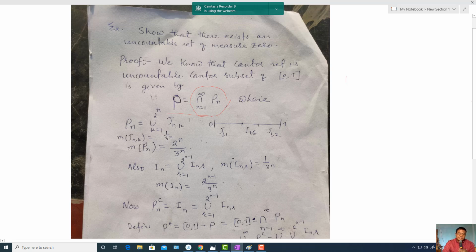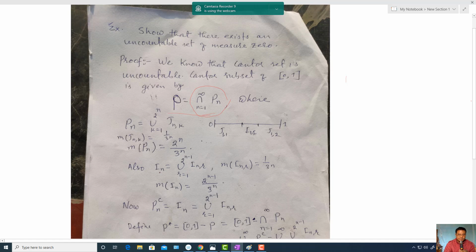For your understanding, P is equal to the intersection, n going from 1 to infinity, of Pn, where Pn is the disjoint union of 2 to the power n closed intervals J and K. The measure of each J and K is 1 by 3 to the power n, and the total measure of Pn is 2 to the power n by 3 to the power n.